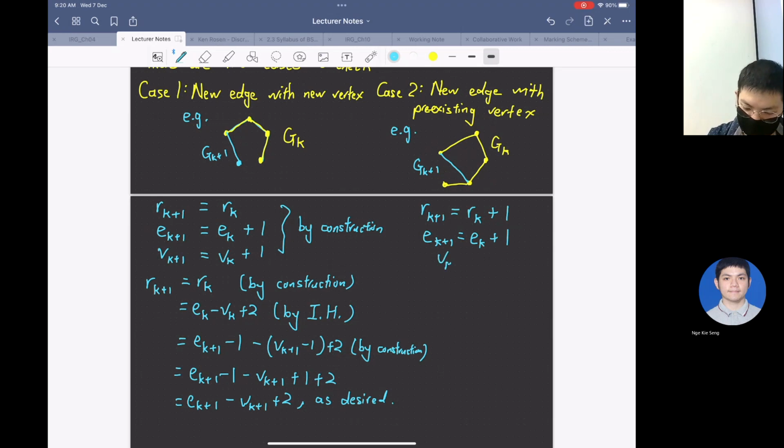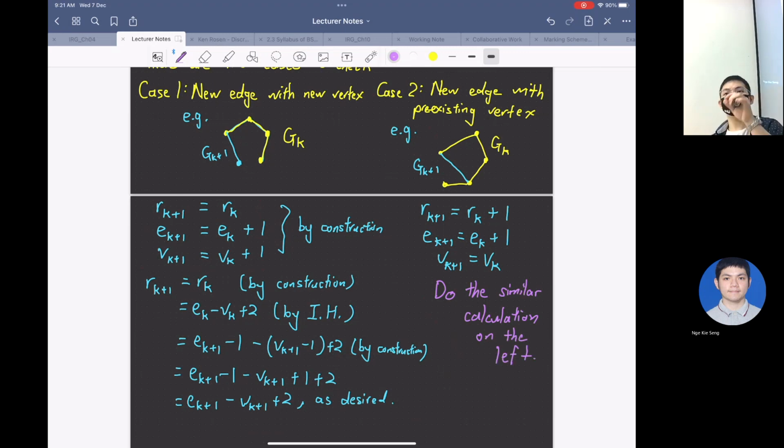But does the vertex count change? The vertex count doesn't change, right? Because both of these vertices already appear. So you can see that the edge increase goes to the number of regions. If you do the similar computation here, you will get the same result.